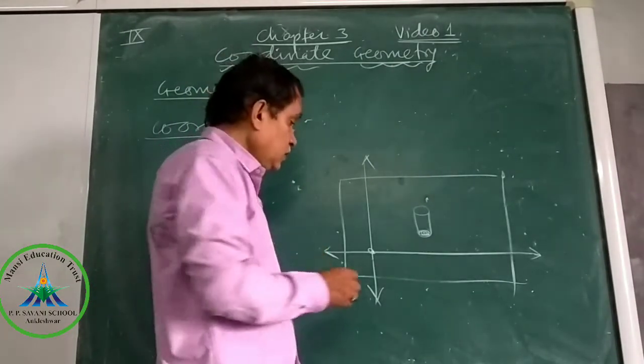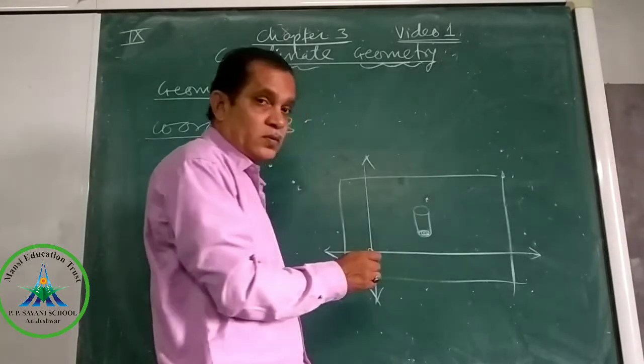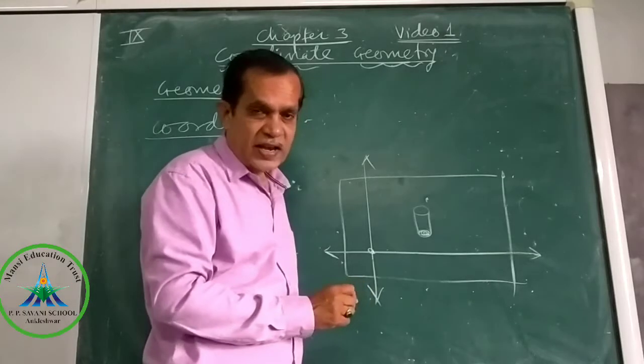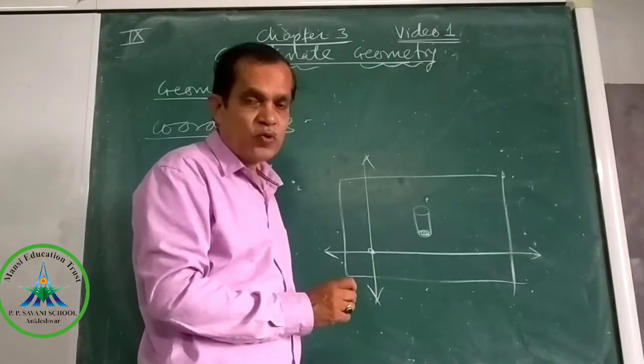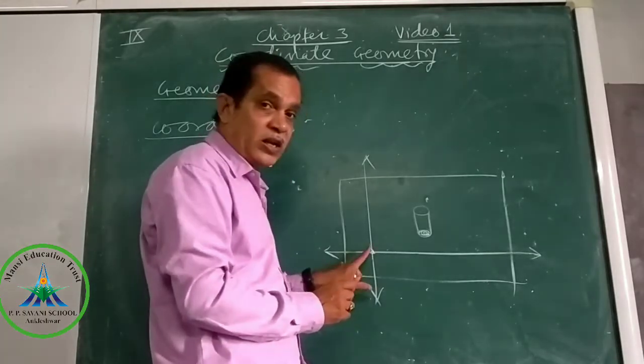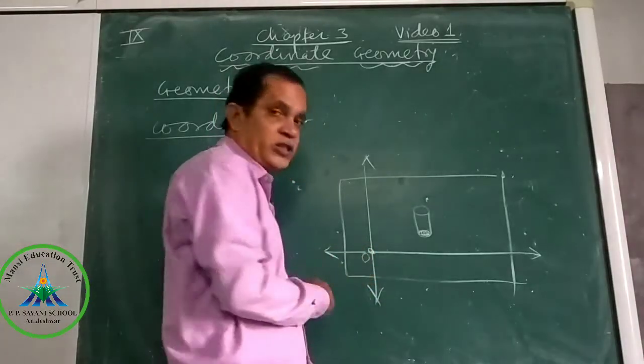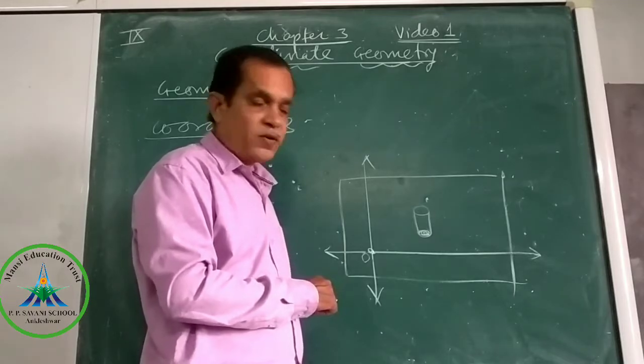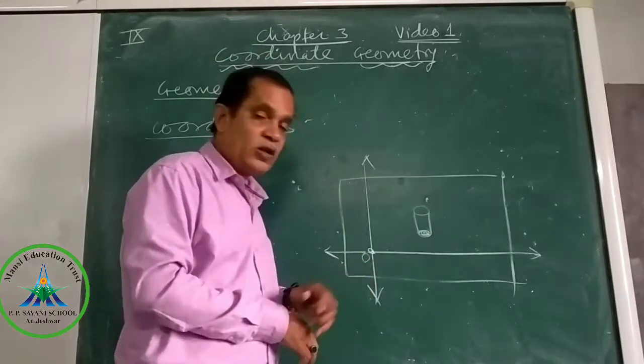See, we made this line. If we call this line a number line, you are knowing. If two perpendicular lines meet each other, that point is known as the origin. Wherever two perpendicular lines intersect, that point is called the origin.